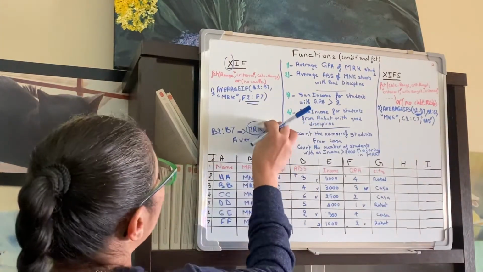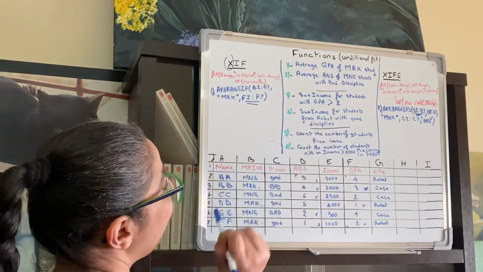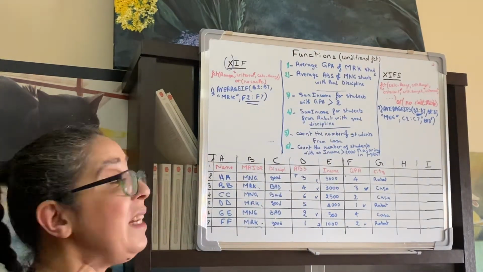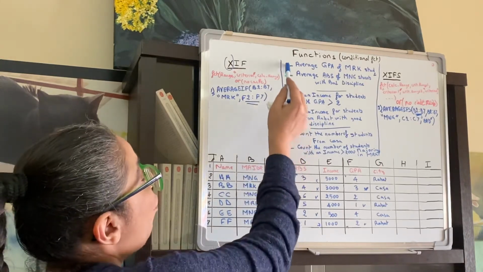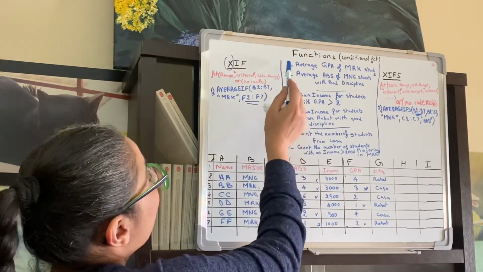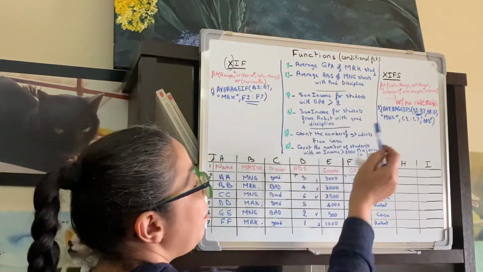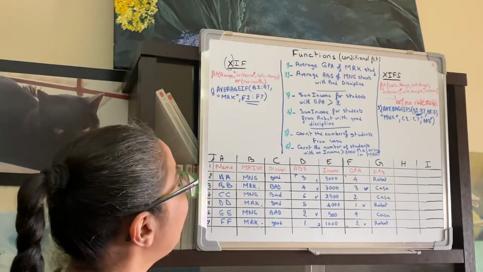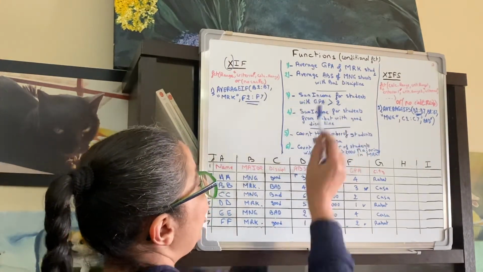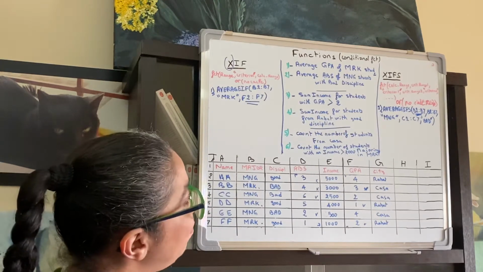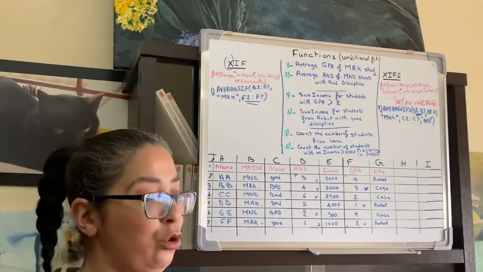So now we're going to move to SUMIF and SUMIFS. It's exactly the same thing, okay? The syntax doesn't change for 1, 2, 3, and 4. So 1 is here, 2 is there, 3 is going to be here, 4 is going to be there. We're going to see why. Let's look at this question here: sum incomes for students with a GPA greater than 2.